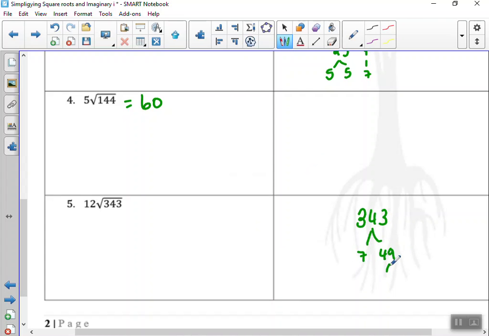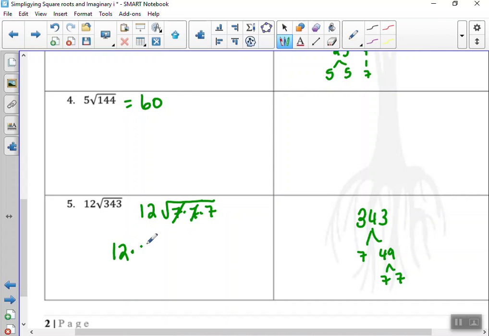I know 49 is a perfect square, and that's 7 times 7. If you have a number in the front, just watch what I do. So I do 12 square root of 7 times 7 times 7. For every pair, only one of them comes out.